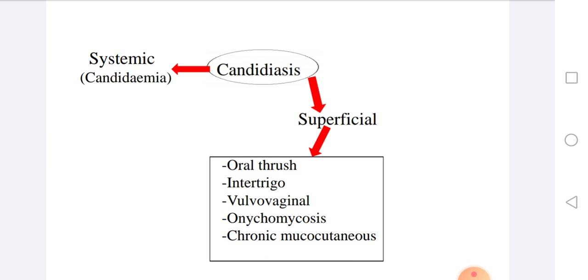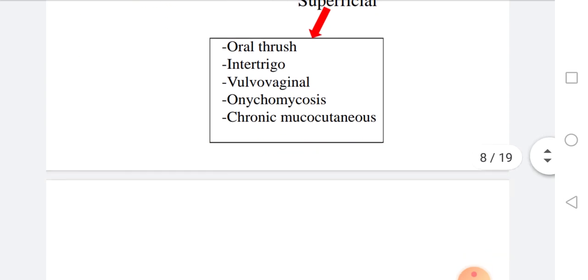Systemic candidiasis, as in candidemia, where Candida albicans is found circulating in the bloodstream. I'm going to take these diseases one by one in the coming slides.